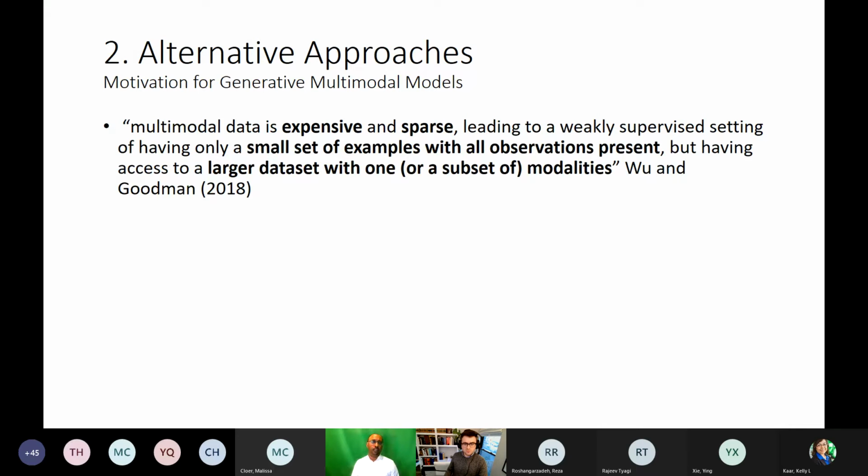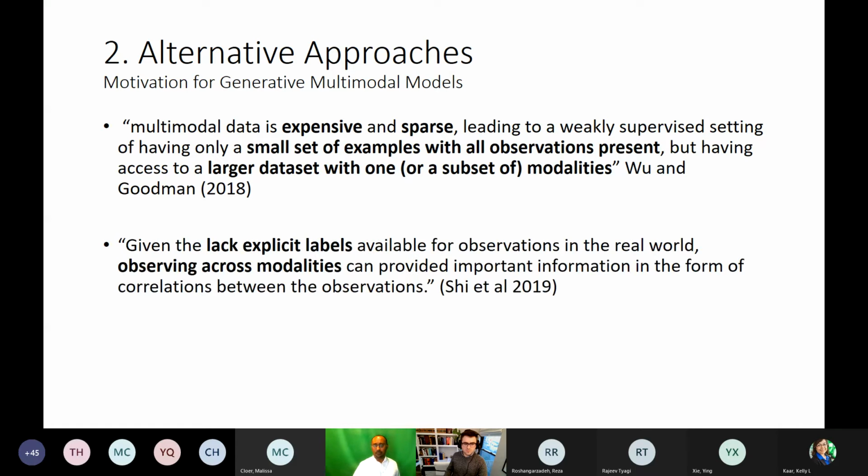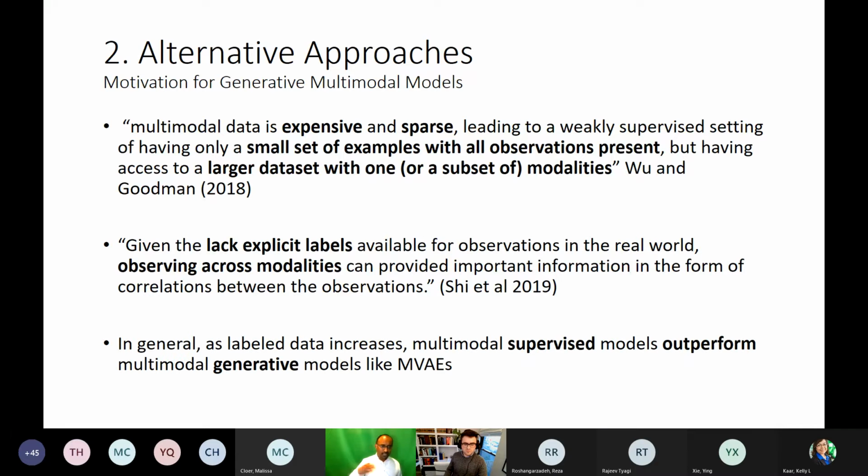And so this falls into that area of weakly supervised learning where multimodal methods seem to help because they can learn both from the small number of examples, but also from a large volume of individual domain-specific data.